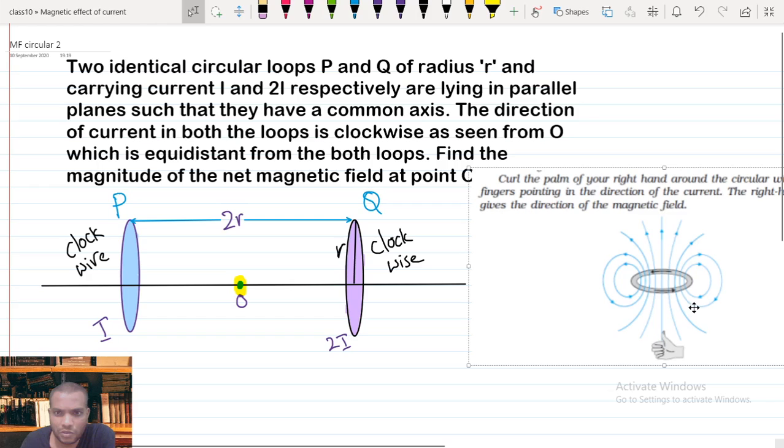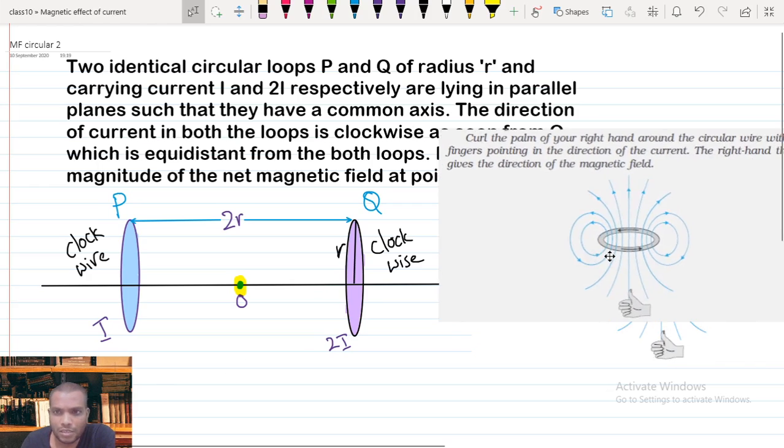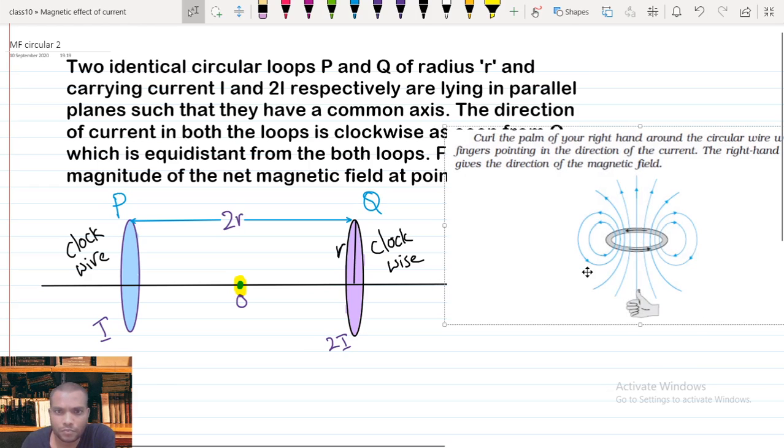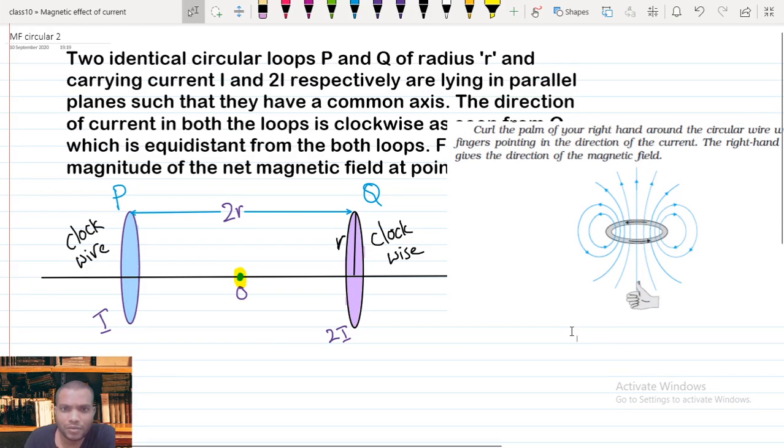Sometimes we need to get the resultant of two vectors. Now, by using the right hand thumb rule, they are both moving in the clockwise direction.